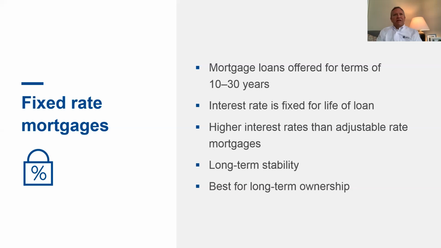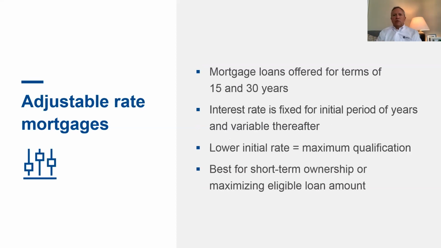As Ray had mentioned, interest rate markets are pretty volatile right now, but for the past couple of years, fixed rate mortgages have been very popular just because they were so low, and people decided they would just go ahead and lock into it. But typically, a fixed rate mortgage is going to be a bit higher comparatively than an adjustable rate mortgage. So let's go to the next slide and look at adjustable rate mortgages.